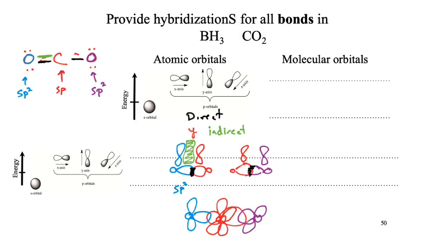Remember our p orbitals are alternating by 90 degrees away from each other? That red one that I've drawn is actually on the z-axis, which means that purple one is also on the z-axis, which means they are now in alignment, which means we can now make another bond and we get that indirect overlap. We've now shown the existence of multiple bonds.